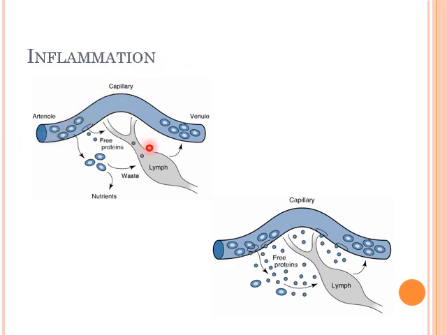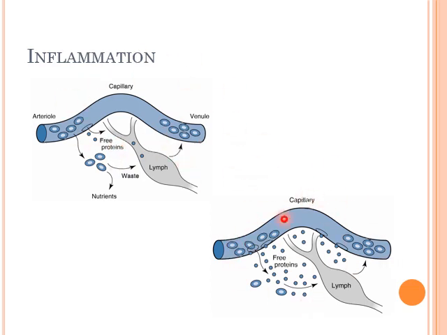You have your capillary, where a lot of the exchange of nutrients is going to take place, and then it leaves at the venule. Under normal conditions, obviously we need nutrients and oxygen to get out for the tissues. But with that, some free proteins get out. But if circulation is normal and your lymphatics aren't getting blocked for any reason, the lymphatics will pick that up, and everything remains normal.